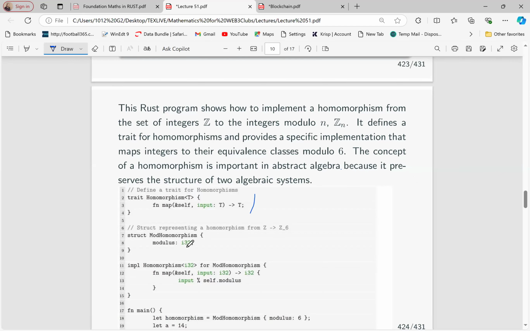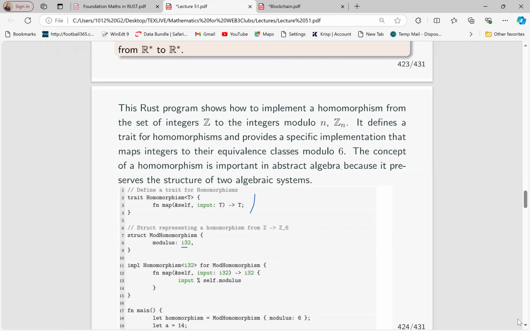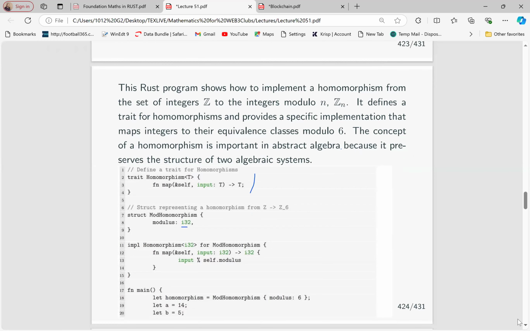And of course, I32, we know what it means. 32 means 32 bits, and the I means we'll be dealing with either negative or positive numbers. Integers here are positive and negative, and that is why I is very important.